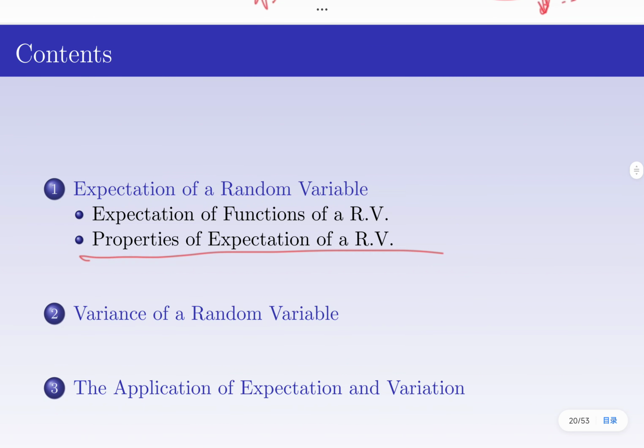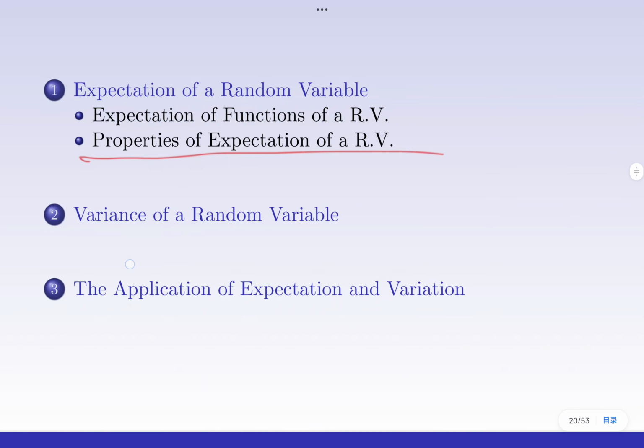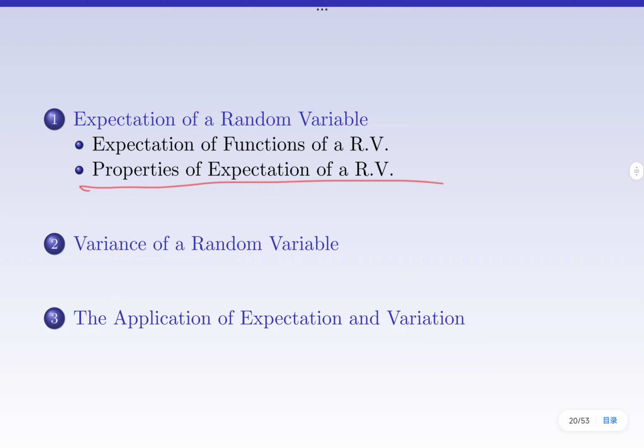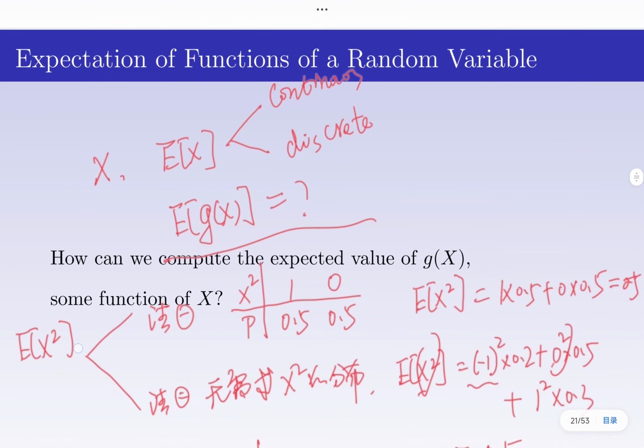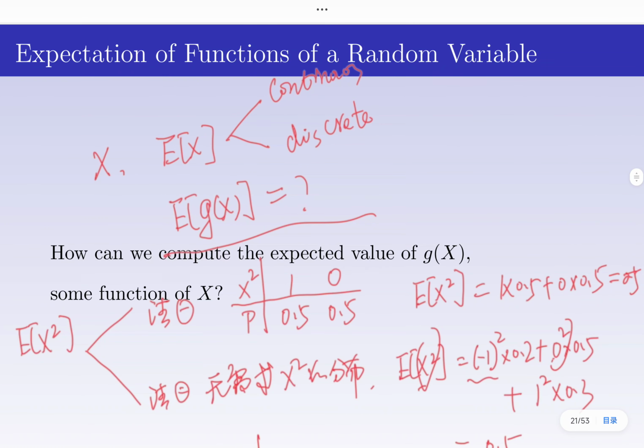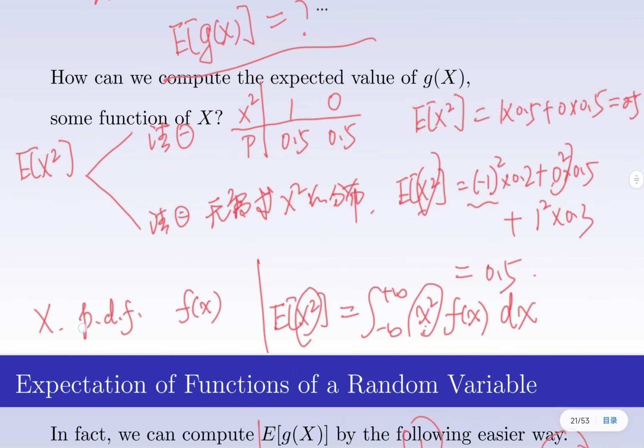Infinite expectation of a random variable, and there are some properties. How can we compute the function? We just use the basic definition. All of them come from the definition, but we have different forms or methods to compute and get the final result.